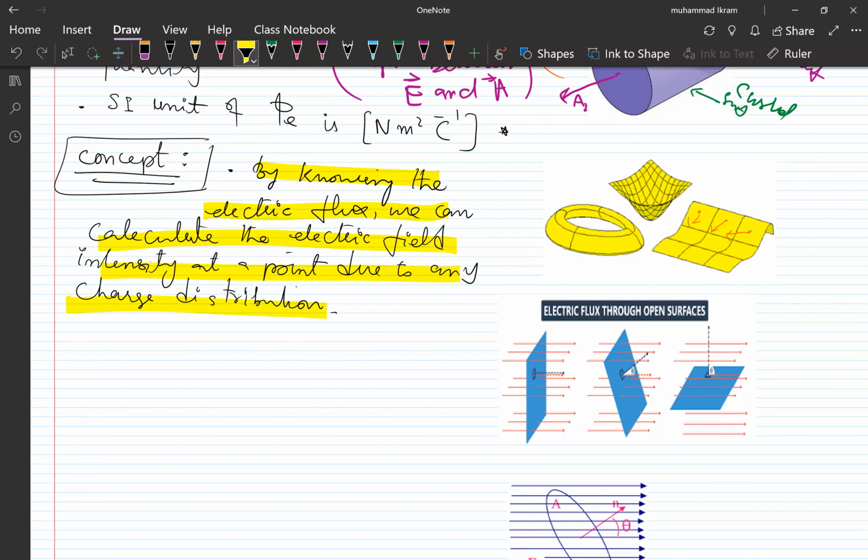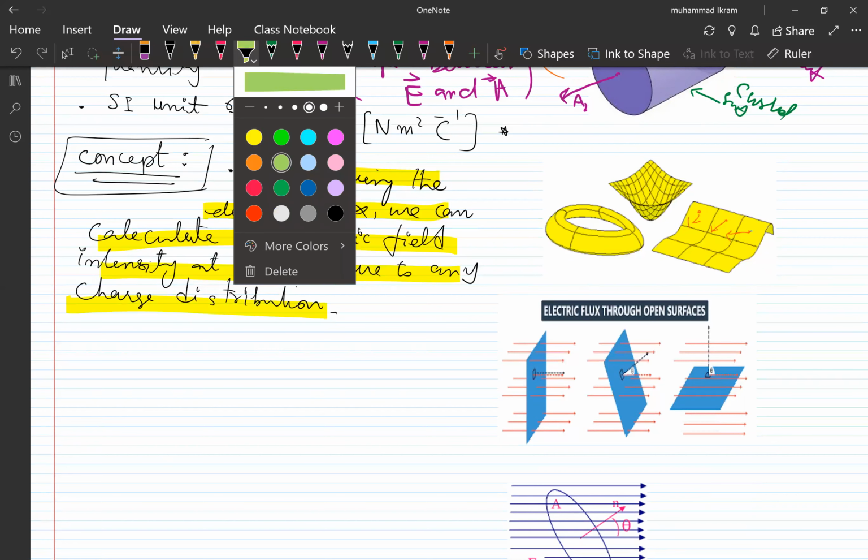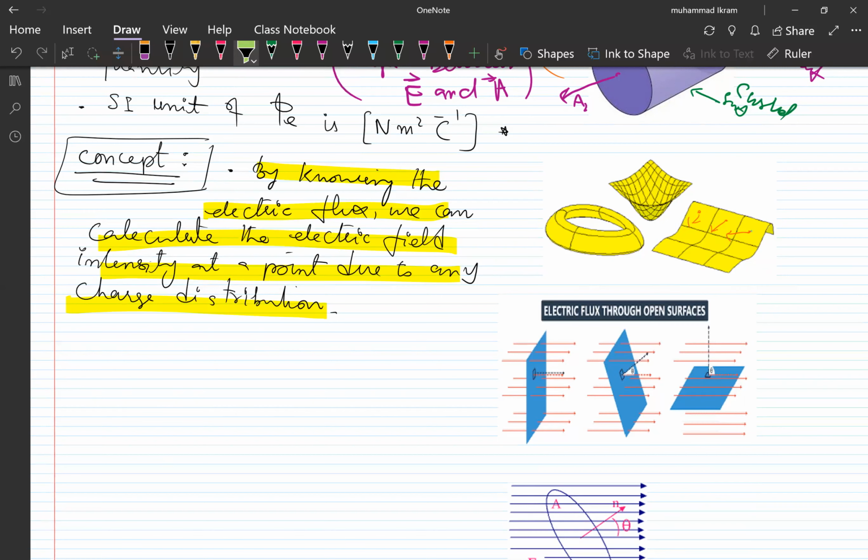Because you know how difficult it was. If you see an example and numerical in your textbook, how difficult it was to apply Coulomb's law to calculate the electrostatic force of attraction or repulsion when there were more than two charges. For three charges, what a long way you went. So that is so difficult. So what if, instead of a single charge, two charges or three charges, there is a charge distribution?